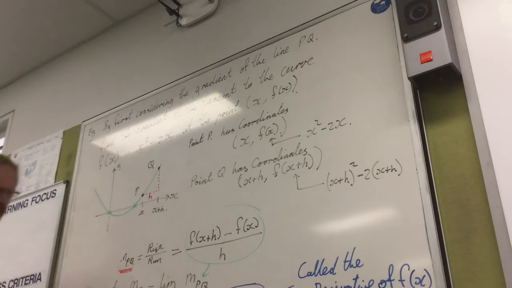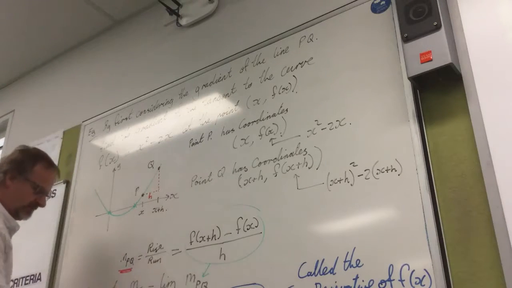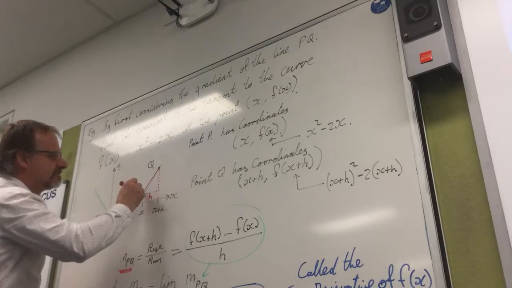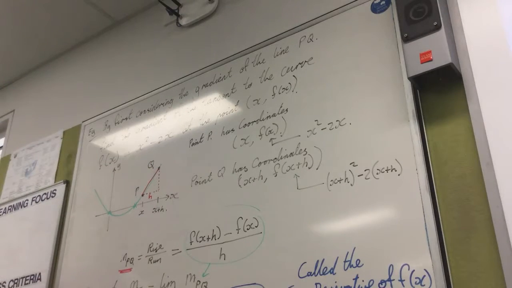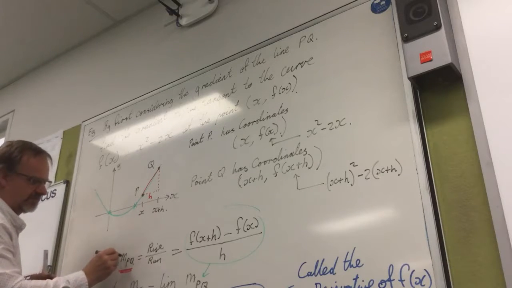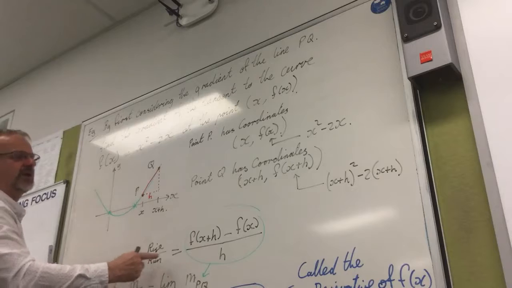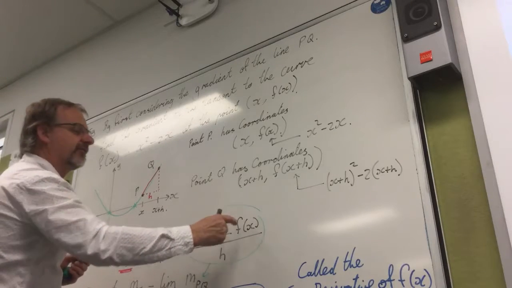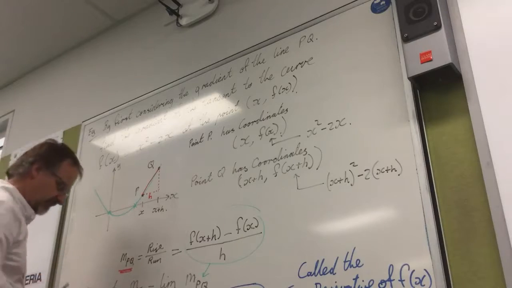All right, so the gradient of our red line PQ is the rise over the run, which is f of x plus h minus f of x, all over h.